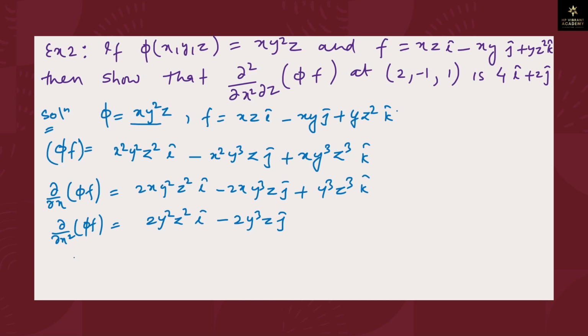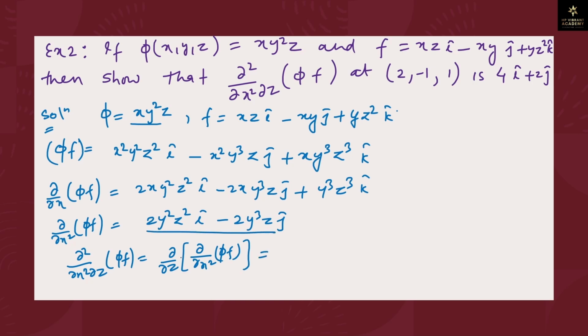Now we have to find del square upon del x square del z of phi f. This is equal to del upon del z of del square phi f upon del x square. Now we have to differentiate this with respect to z. So this is equal to 4y square z i cap minus 2y cube j cap.